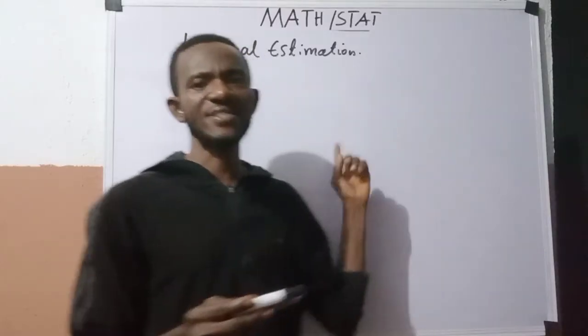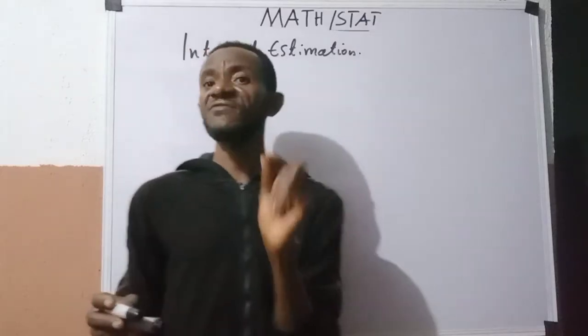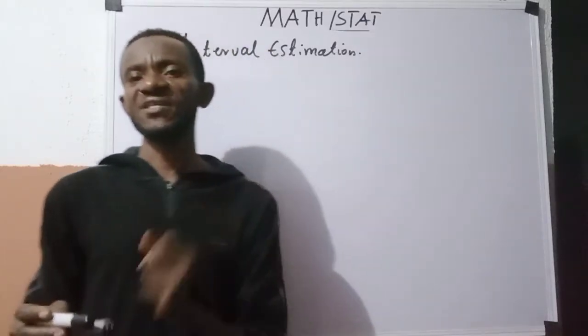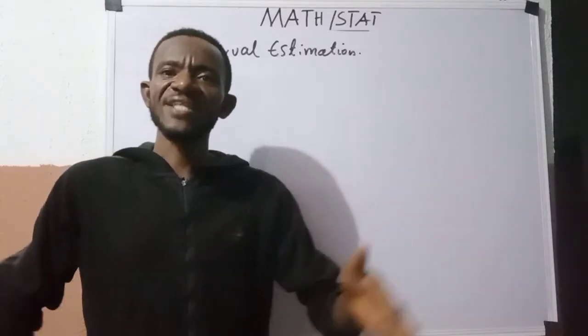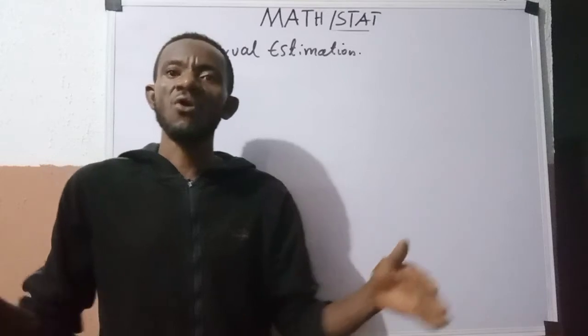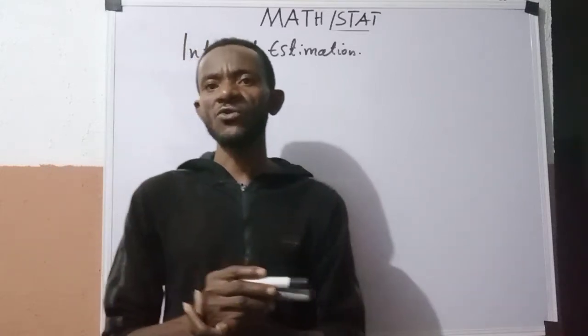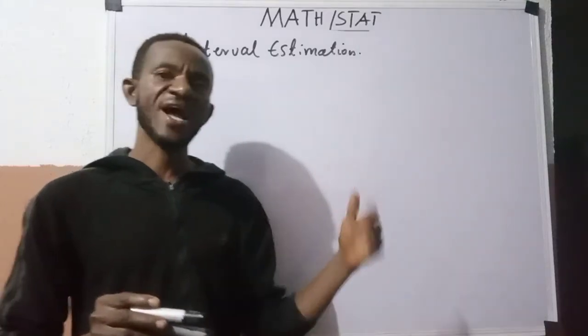However, in interval estimation, rather than going for a single value with which to represent the unknown population parameter, we now obtain an interval of values that is going to contain or bound the unknown population parameter, be it theta or any other value.